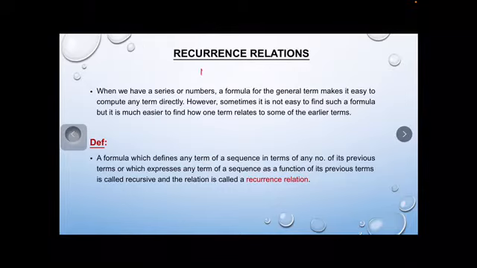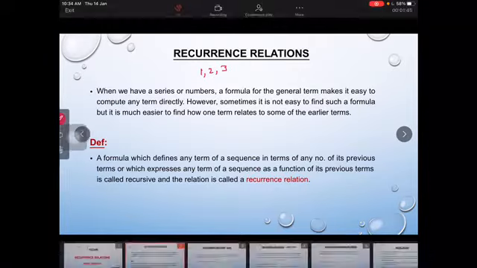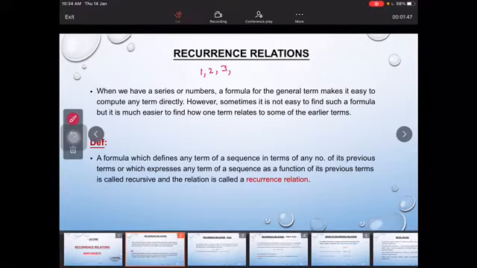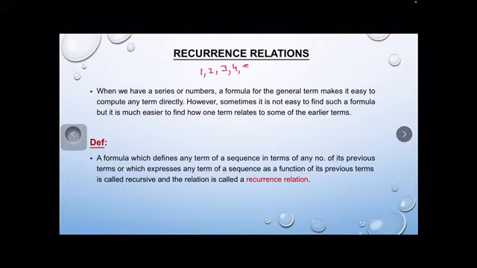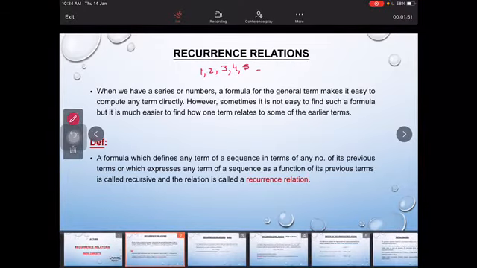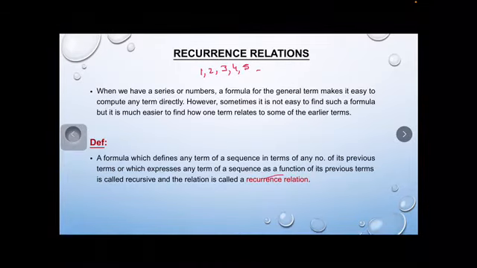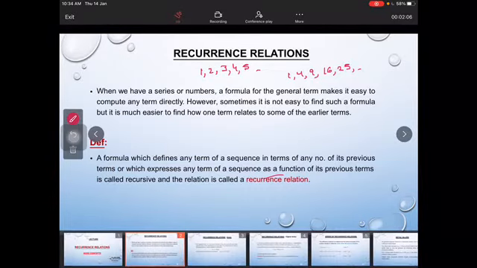Suppose we have the series 1, 2, 3, 4, 5 and so on. And suppose we have the series 1, 4, 9, 16, 25, like that.